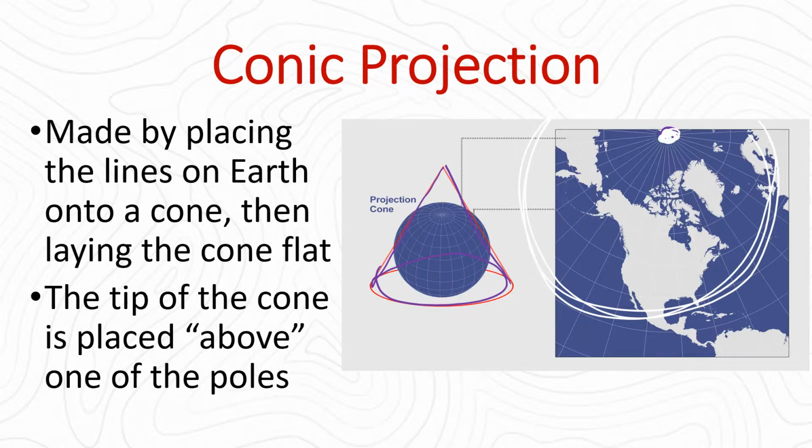So this is made by placing the lines of the Earth onto a cone, and then you lay the cone flat. So the tip of the cone is almost always placed above one of the poles. You don't want to put it somewhere else. So it's always going to be the tip at the north or the south pole.